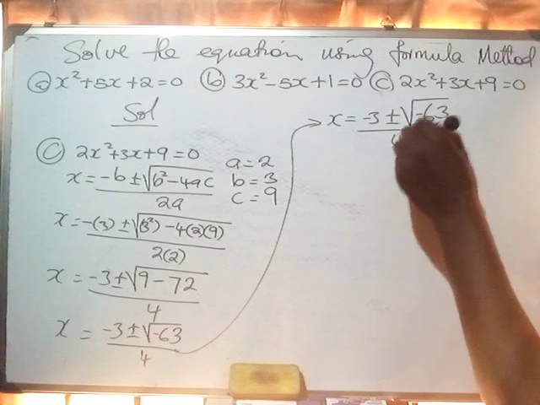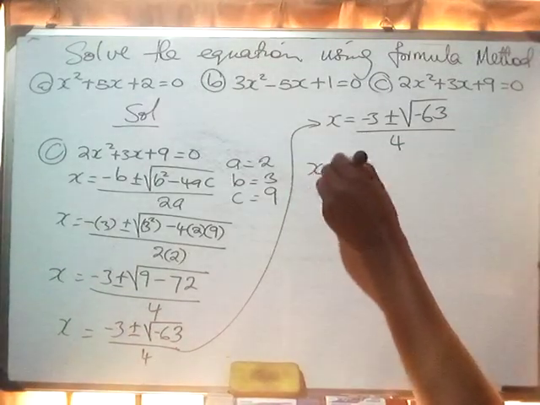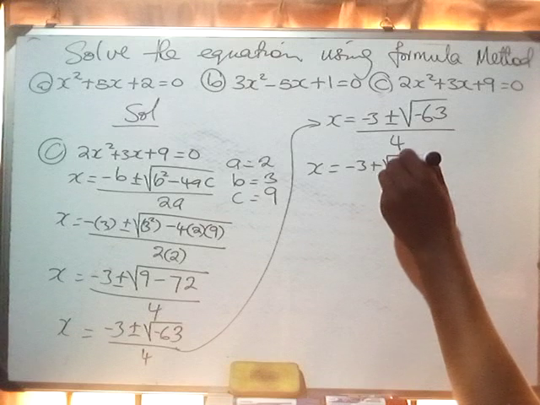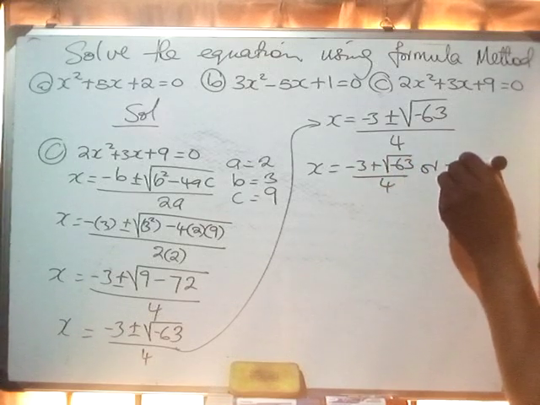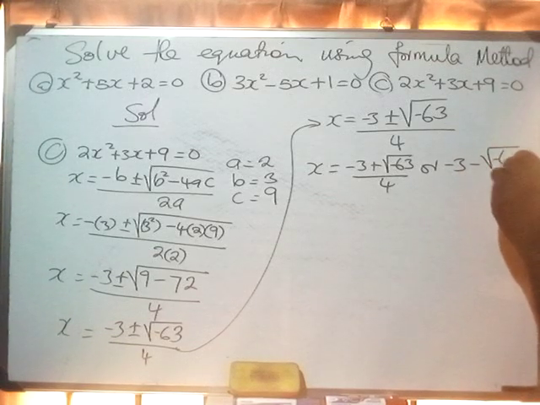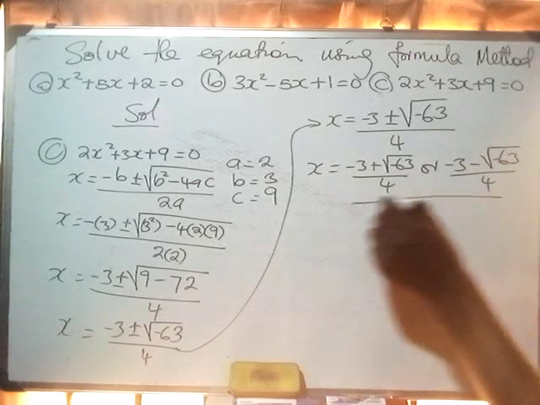That is the reason the answer remains in root form. So this means x is equal to negative 3 plus the root of negative 63 over 4, or negative 3 minus the root of negative 63 over 4. So these are the two answers.